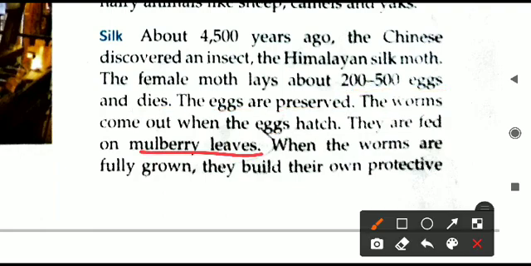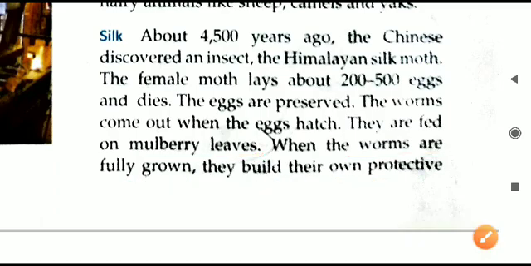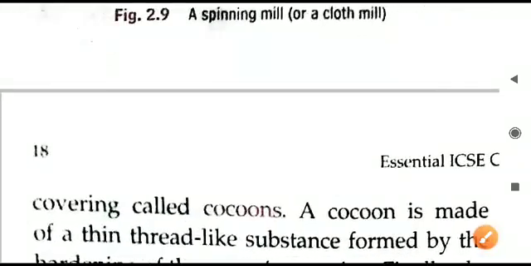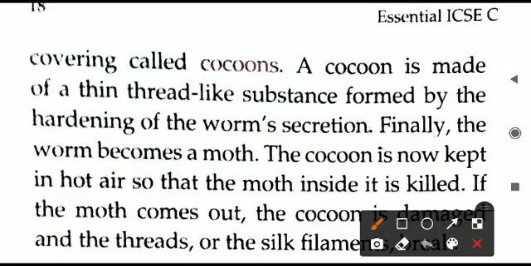See, mulberry leaves serve as a food item for the worms of the silk moth. When these worms are fully grown and mature, they build their own protective covering, and that covering is called a cocoon. Yes, this cocoon is made of what?